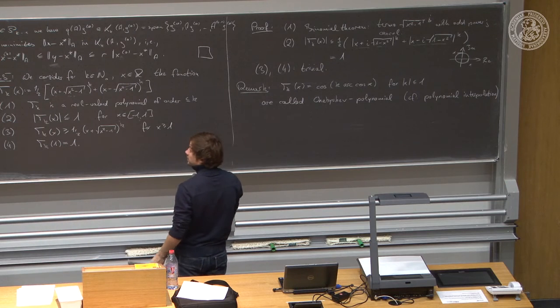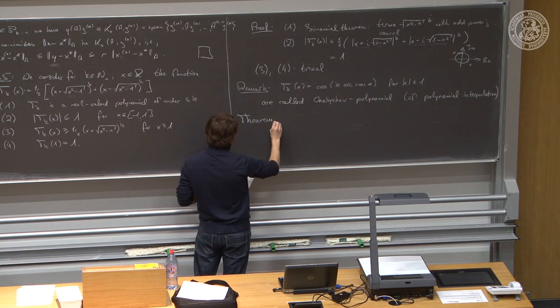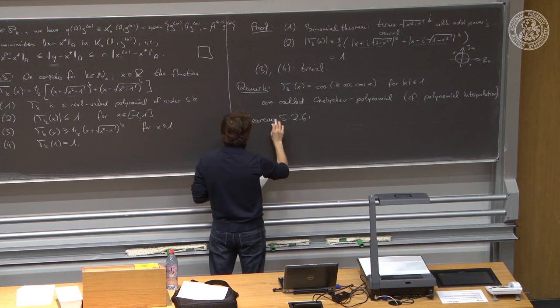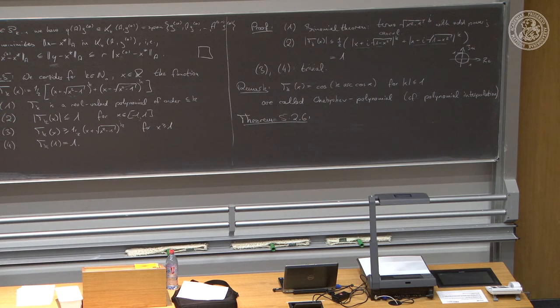Well, now we are almost finished. So we write down the convergence rate we want to prove. And of course, these Chebyshev polynomials are the polynomials we apply this theorem to, to obtain our convergence rate.